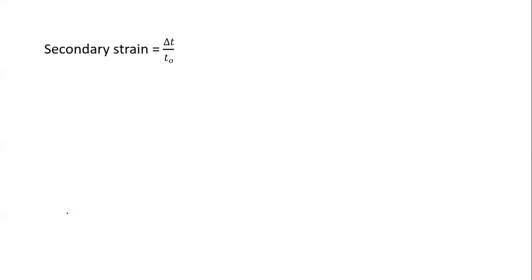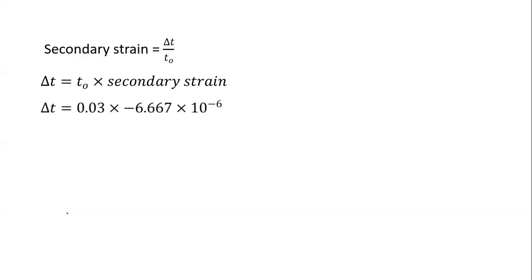Secondary strain is change in thickness over original thickness. Same thing, we make change in thickness the subject of the formula. We'll have original thickness multiplied by the secondary strain. Our original thickness is 0.03.